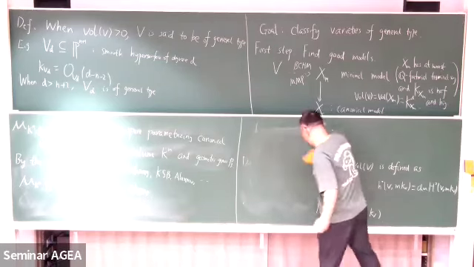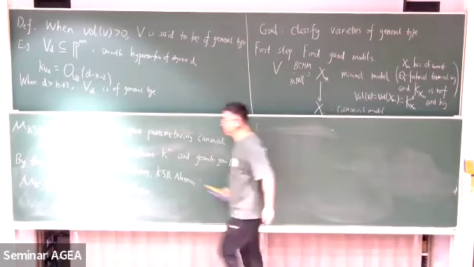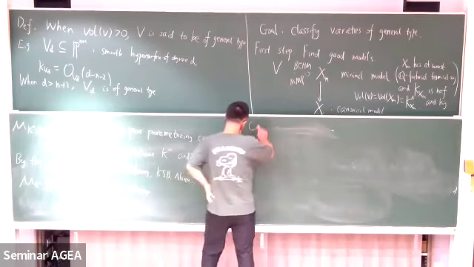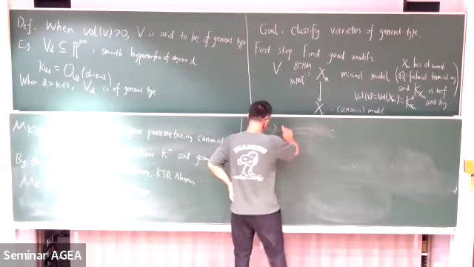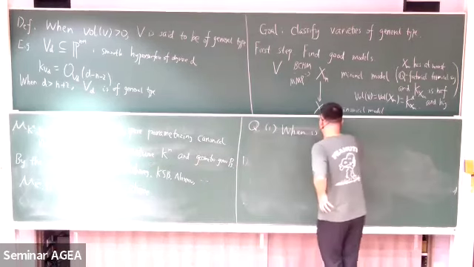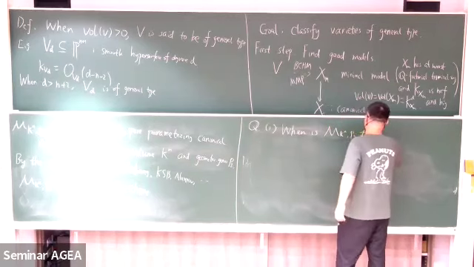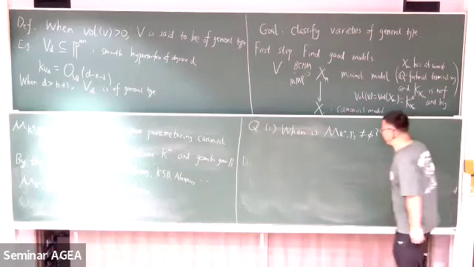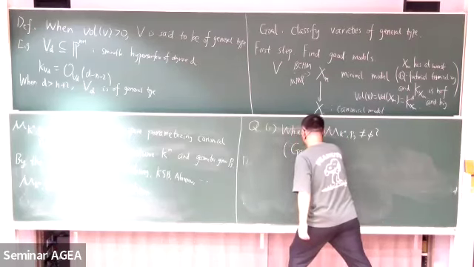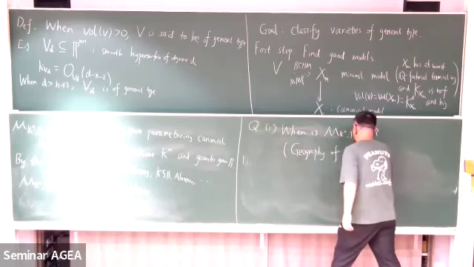You can ask the following two basic questions about this moduli space. The first question is, when is this moduli space non-empty? This is related to the geography of varieties of general type.